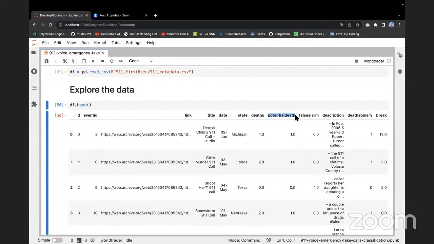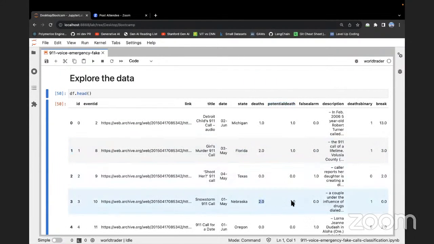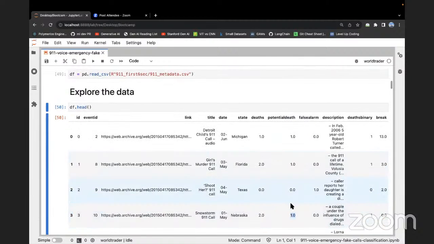But let's say eventually more people died, because during the call I don't know the possibility of death. But when I'm on the call, I am logging the potential death. How many people can die, right? So there might be cases where actual deaths were higher than the potential deaths, and there might be cases where deaths were lower than the potential deaths, etc.